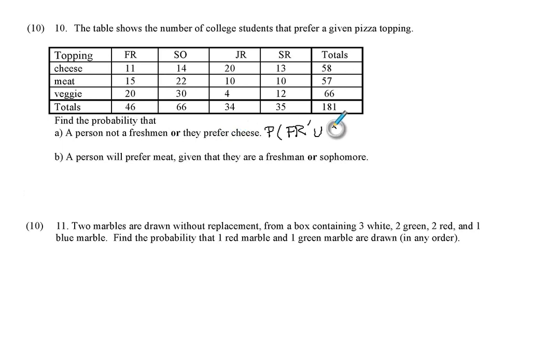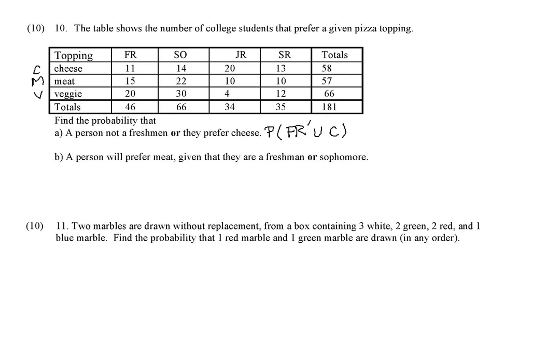So union C, let's let C represent those that like cheese, M for meat, and V for veggie on their pizzas. So this is everyone that is either not a freshman or they like cheese pizza. We're uniting those two sets, putting them together.